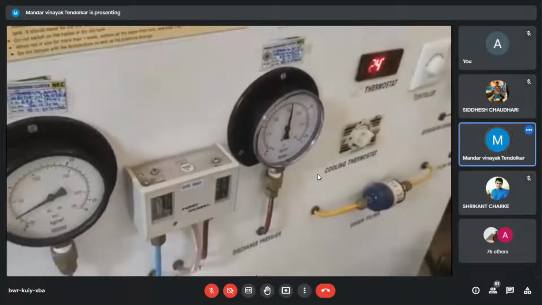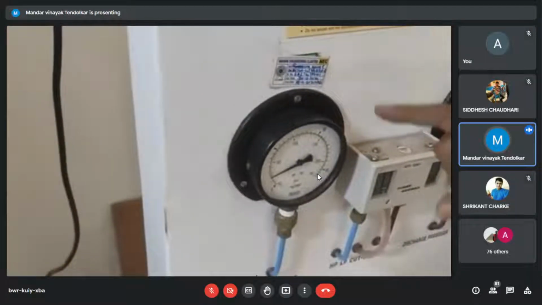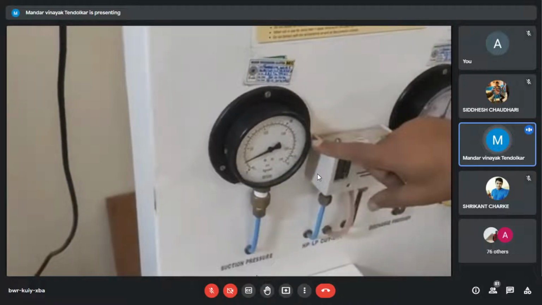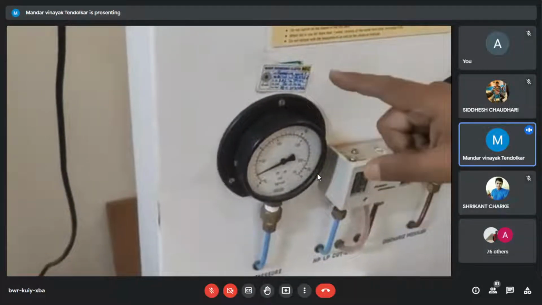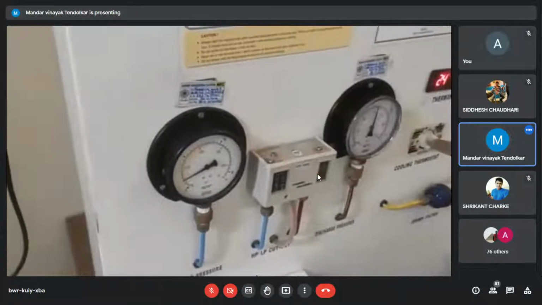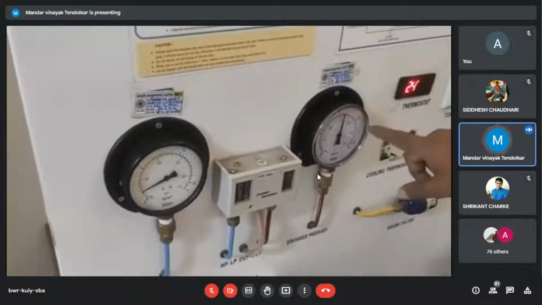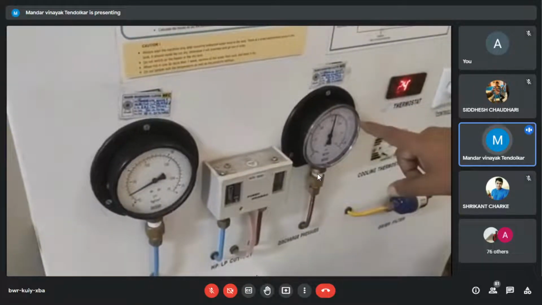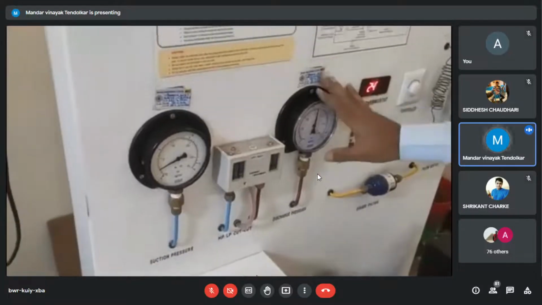These are the gauge pressures. You need to convert them into absolute pressures by adding atmospheric pressure. So the reading of the suction pressure plus 1.013 bar is equal to the evaporator pressure. The discharge pressure reading shown by this pressure gauge plus 1.013 bar would give us the discharge pressure.